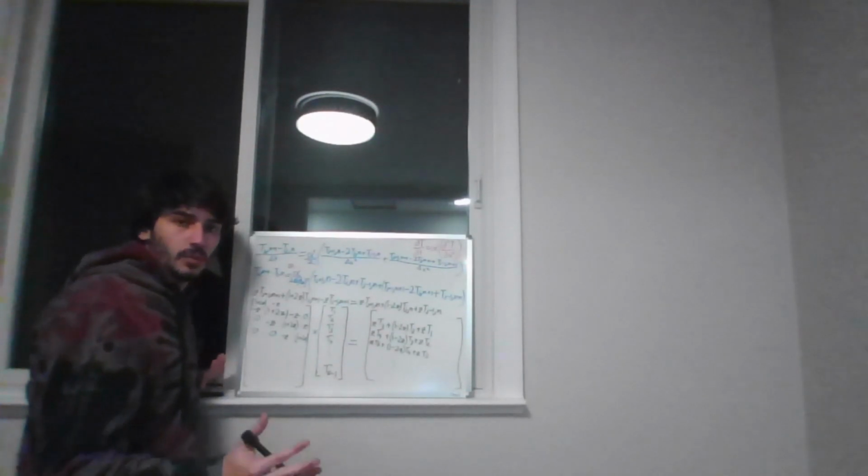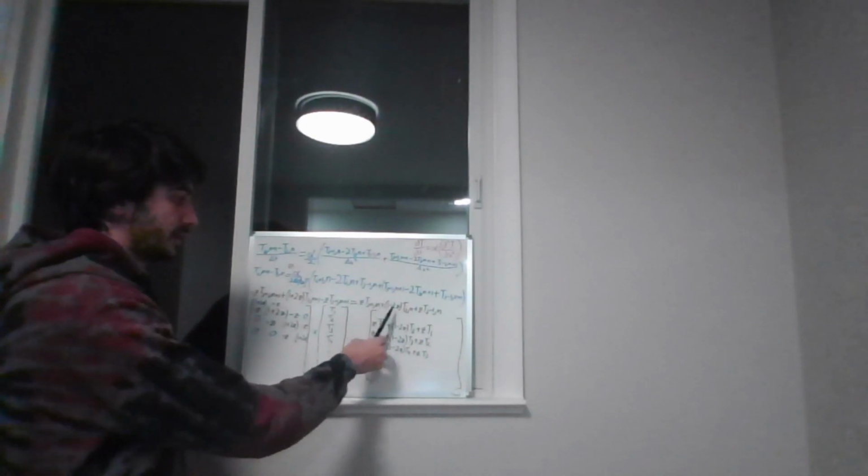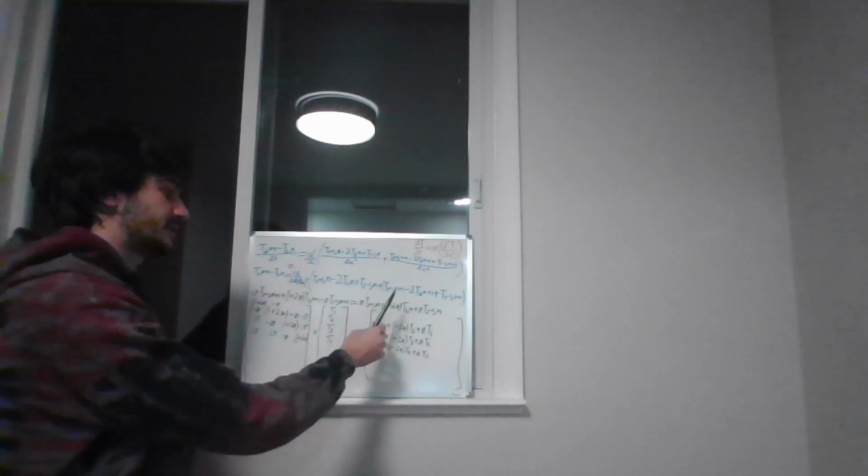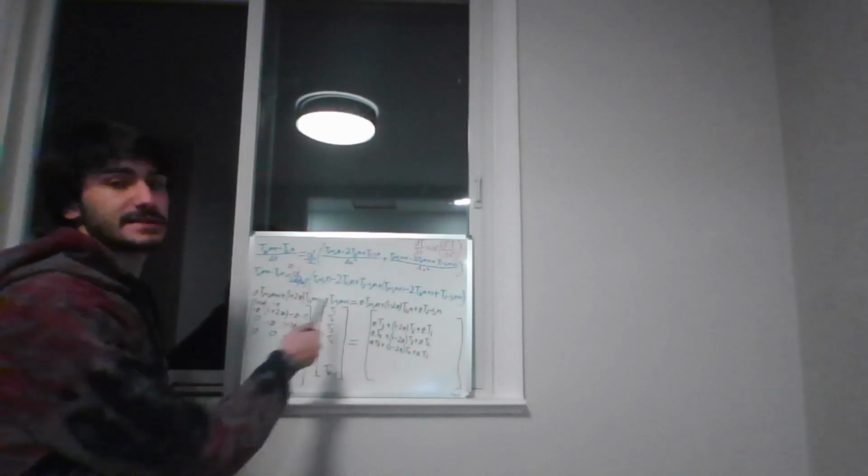This goes all the way down to T n minus 1. However, there are some issues with T1 and T n minus 1. Why is that? Well, because we know what T of 0 and T of n are, right? So we can bring them over to the other side. What T of 1 should look like is z of T2 plus 1 minus 2z of T1 plus z of T0, right? However, if you look over to this side, we should also have a minus z of T0 at the next time step.